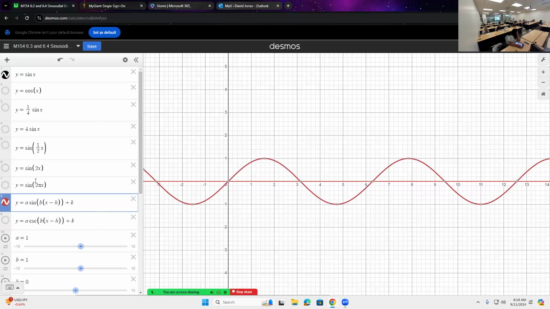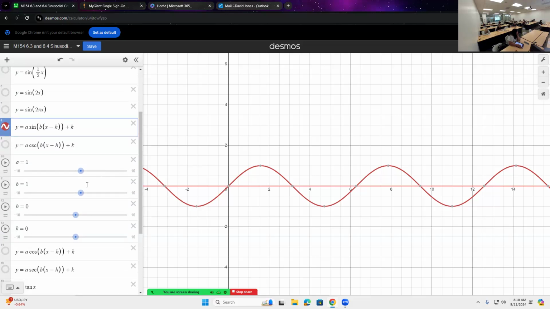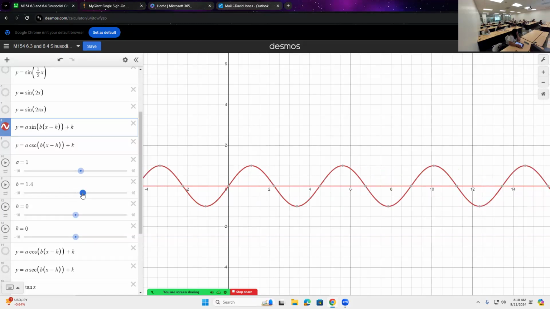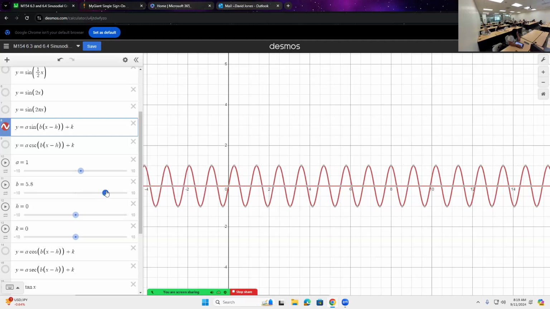So we can put it all together here. As B gets larger, the graph scrunches down and starts repeating faster.